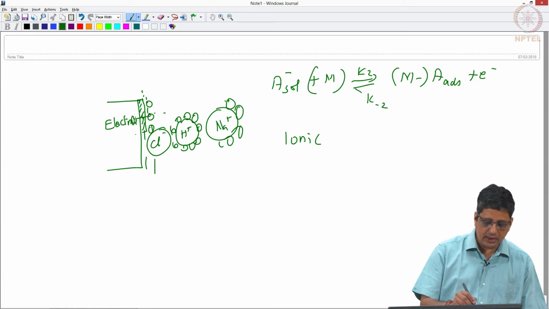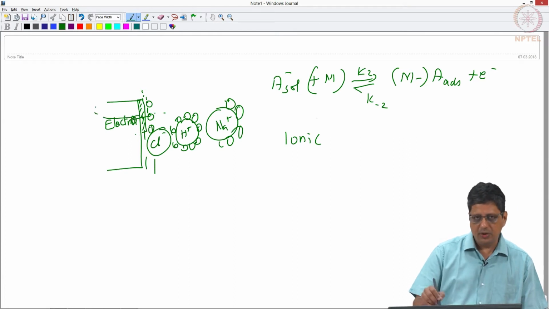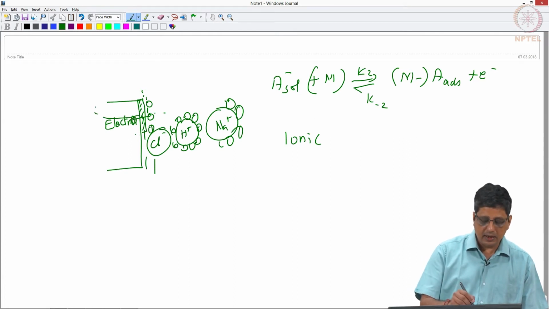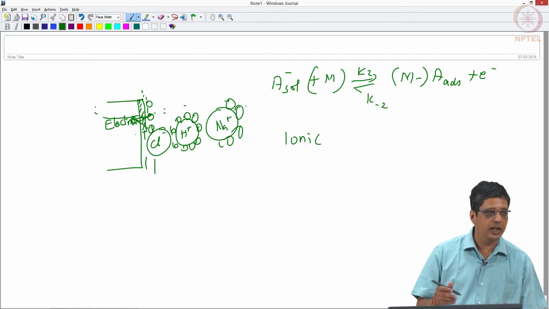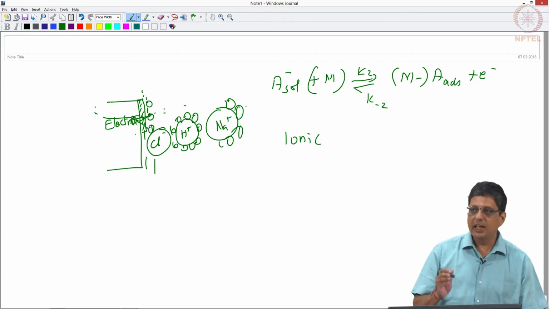Electrons are transferred only from this metal to that area, and electrons can get transferred at this location, but in the solution an independent electron will not move. This solution is not an electronic conductor. If it is a liquid metal, electron can go through that, that is an electronic conductor, but that is not an electrolyte.